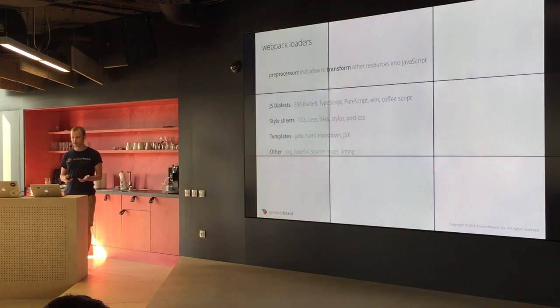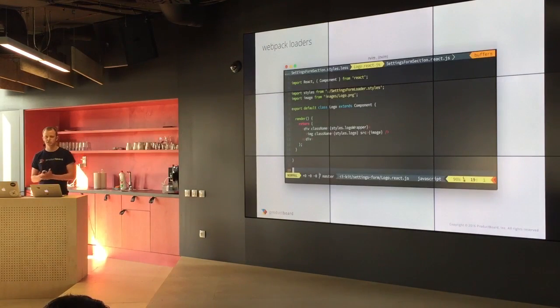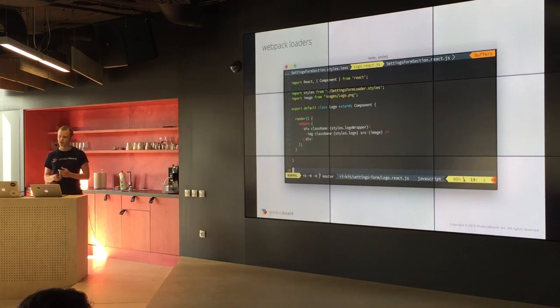So how does it work with CSS and images? This is an example of a React component, how you can use it. In your JavaScript code, you can import those files, which might feel weird at first.